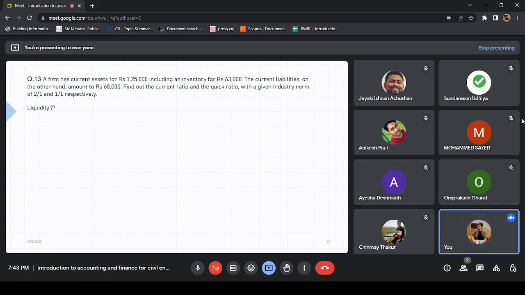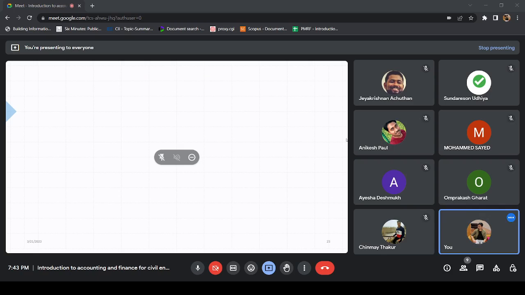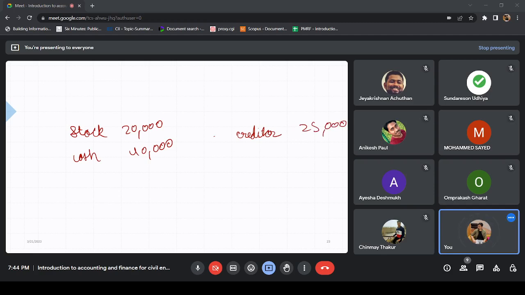Like for that mom and pop store, let me try giving values. He has a stock of 20,000. He has some cash of, you can say, 40,000, and there is some creditor that he has to pay 25,000.